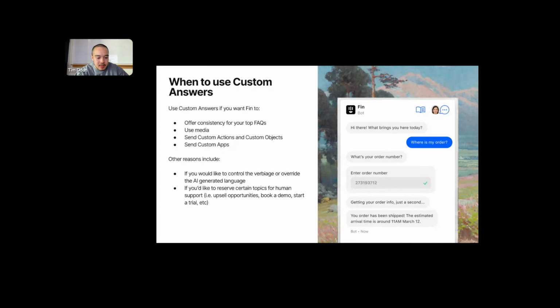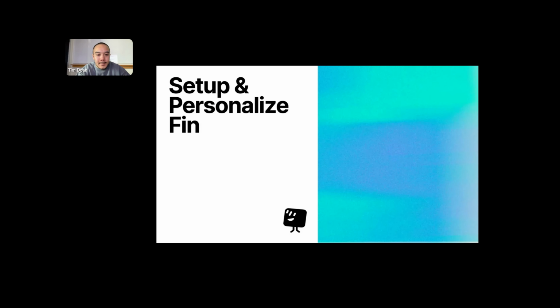Typically, what I've seen is using custom answers when you want to override the verbiage or language that comes from something AI generated. Maybe you want to keep an answer very technical, very precise, for example, or you want to reserve certain topics for human support. As well, you want to think about instances where you want Fin to detect specific questions in order to automate specific tasks, which could be tagging or assignment, like we were talking about earlier.